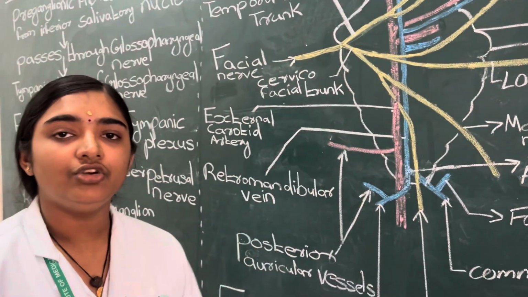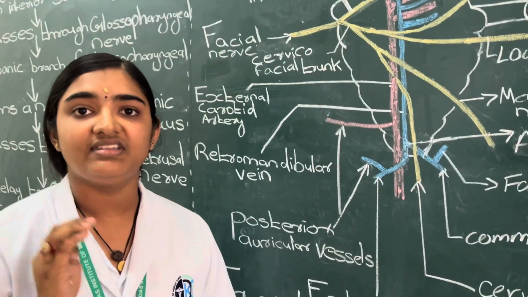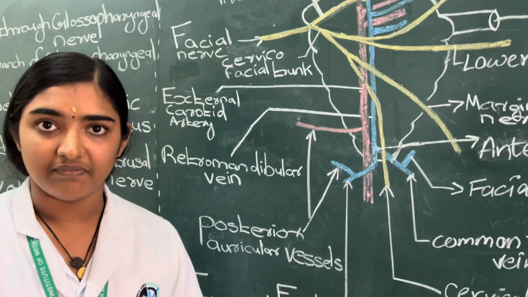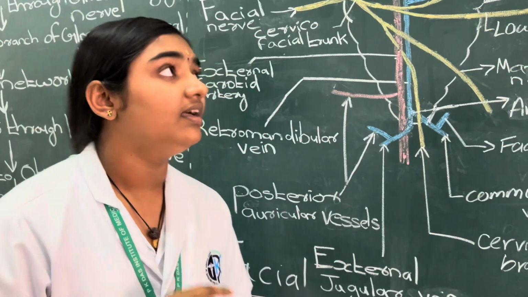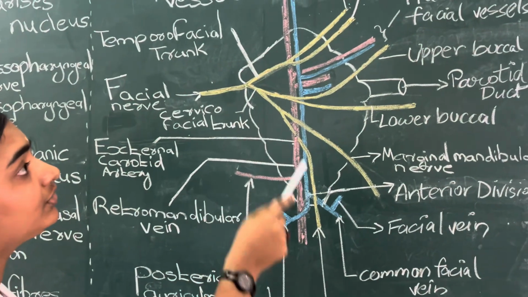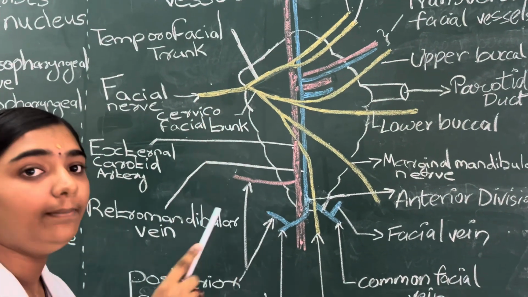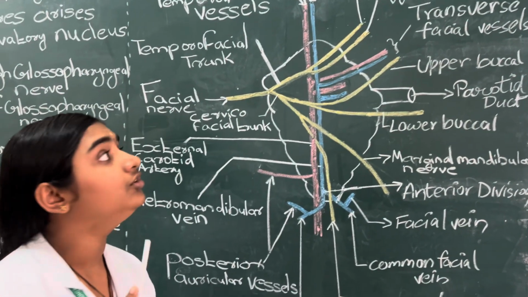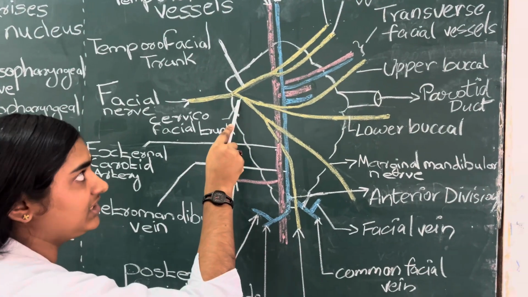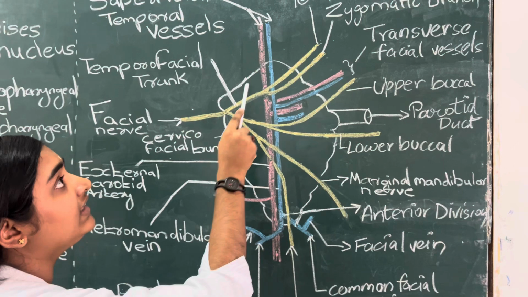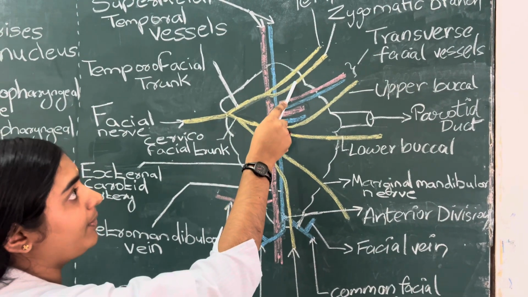So let us have a quick recap on the important structures within the parotid gland from superficial to deep. They are the facial nerve and its branches. First, it enters through the posteromedial surface of the parotid gland. It divides into two trunks, the temporofacial trunk and the cervicofacial trunk. The temporofacial trunk again divides into the temporal branch and zygomatic branch.